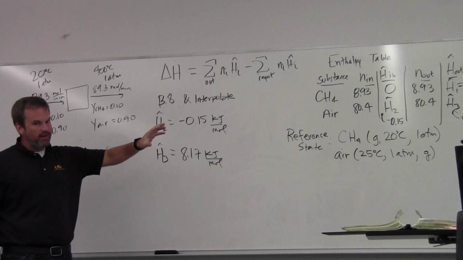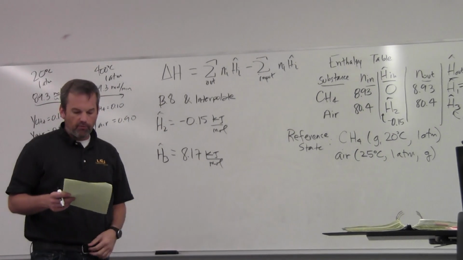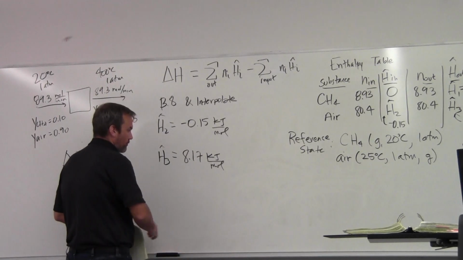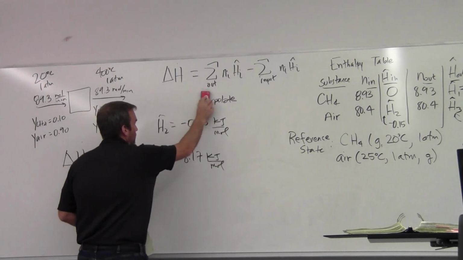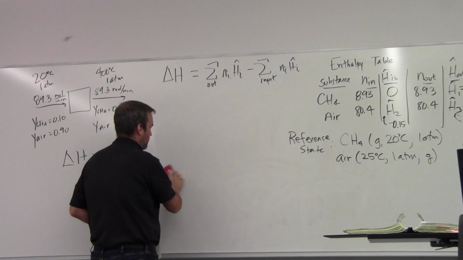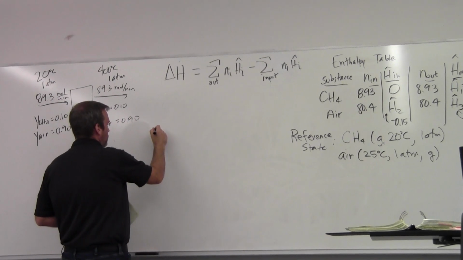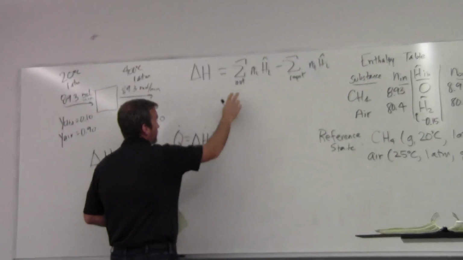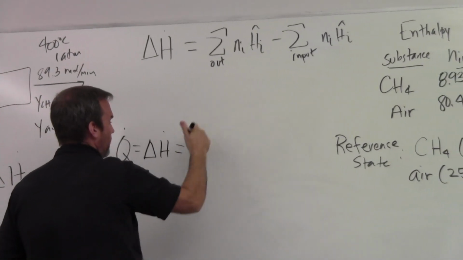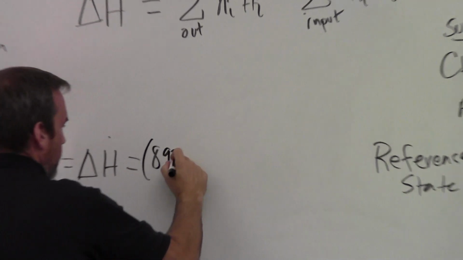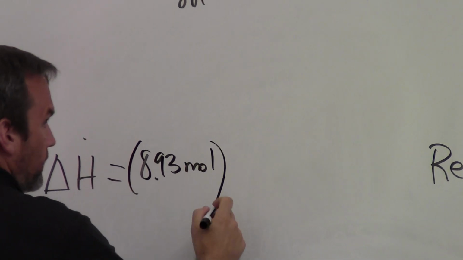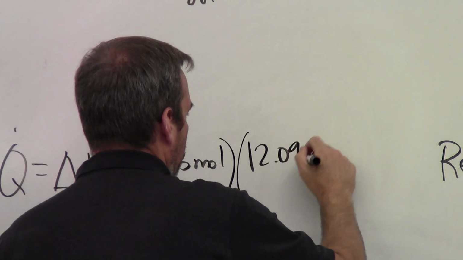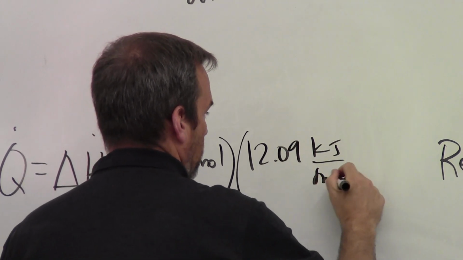So if you look at my enthalpy table, everything in the enthalpy table is filled out. So all I need to do now is plug it into this equation up here. So I'm going to erase right up here, and I'm going to say Q is equal to delta H. And then I'm just going to plug in. So I've got 8.93 moles of methane times 12.09 kilojoules per mole.